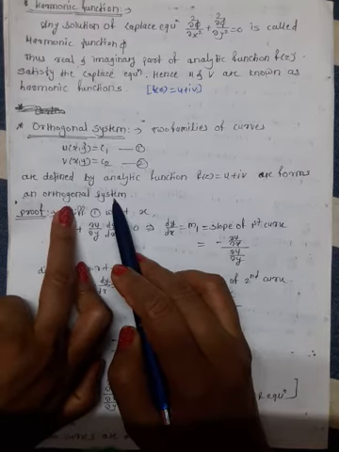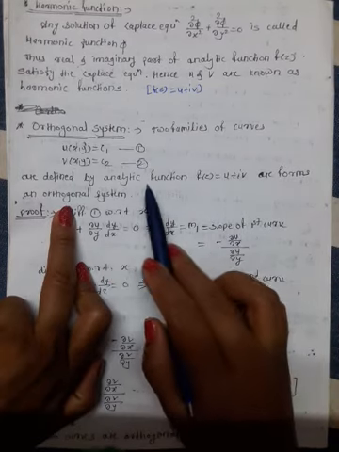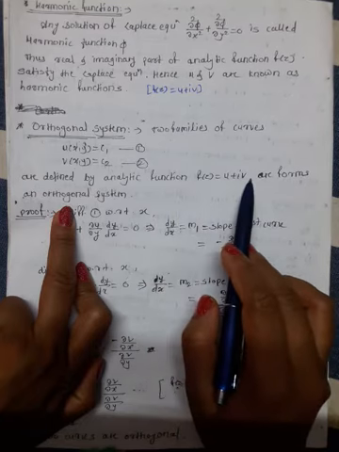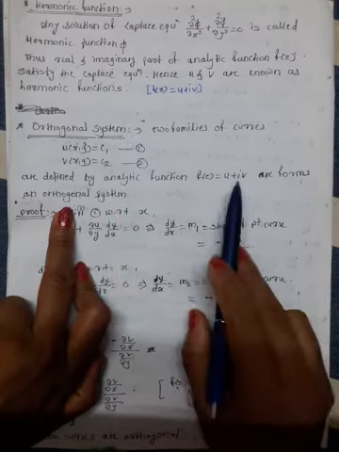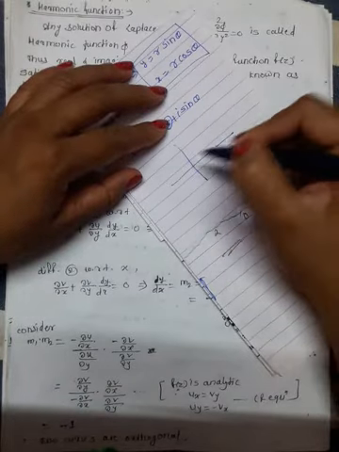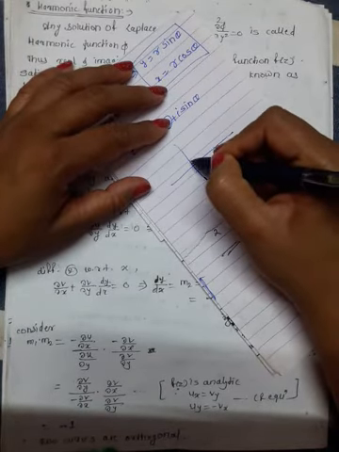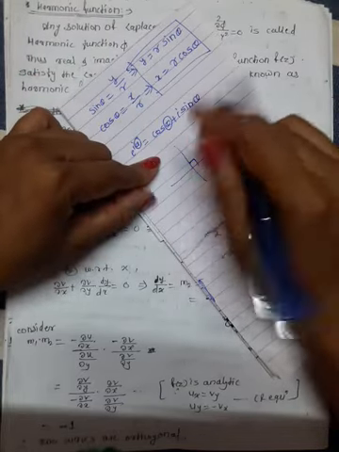What do we mean by that? If f of z is equal to u plus iv is an analytic function, then these two curves are orthogonal to each other. Orthogonal lines are lines which intersect each other at 90 degrees.